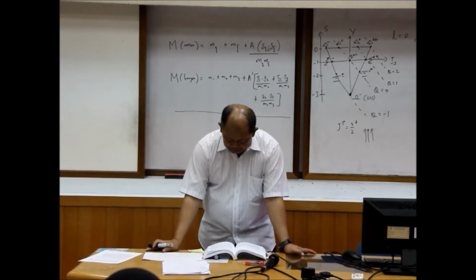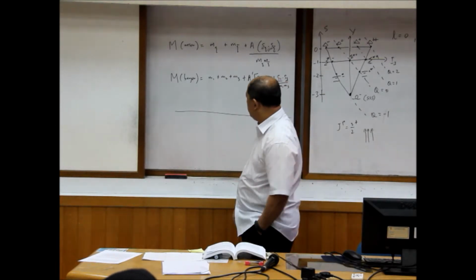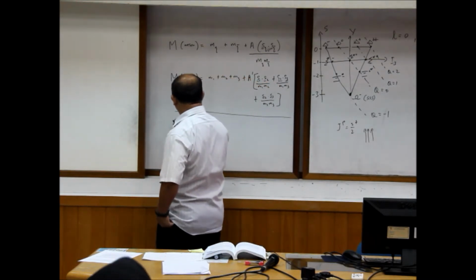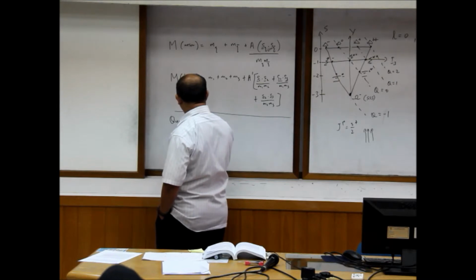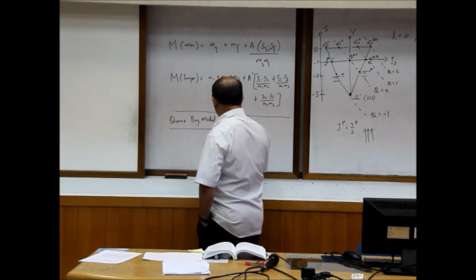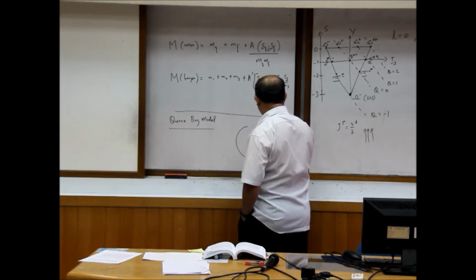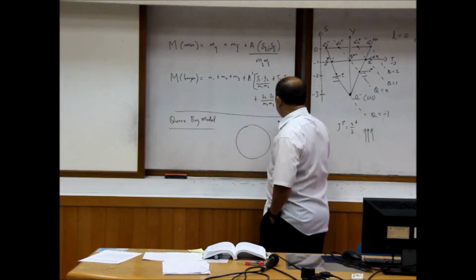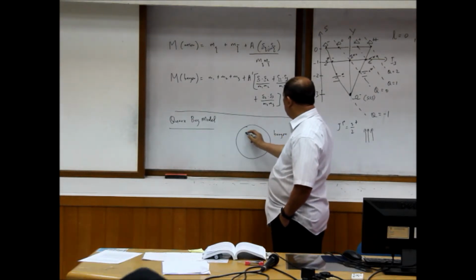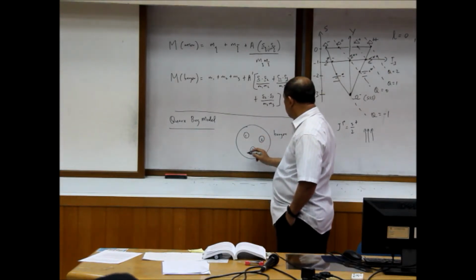That one actually, we don't want to go into detail, but there is what you call the quark bag model, whereby inside the particle, say a baryon, there are quark number 1, number 2, and number 3. 3 quarks.